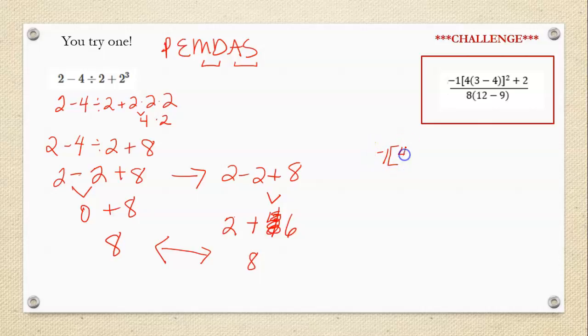So I'm going to start with the parentheses 3 minus 4. That's negative 1. And I'll just bring everything else down. We can do the same with the denominator. 12 minus 9 is 3. Let's go over here. Now working in those brackets, 4 times negative 1 is negative 4.